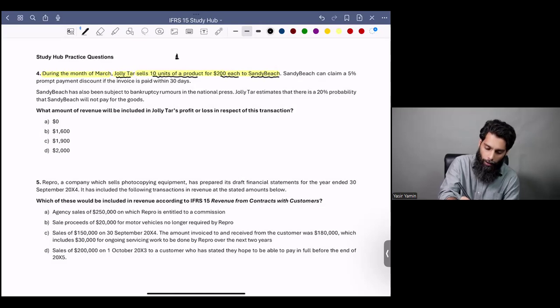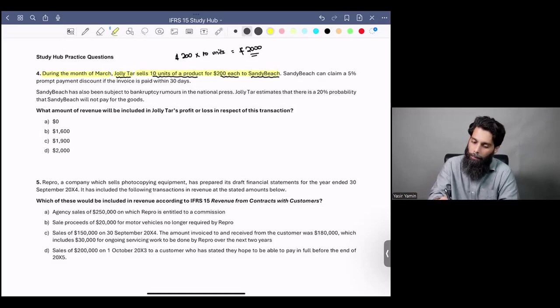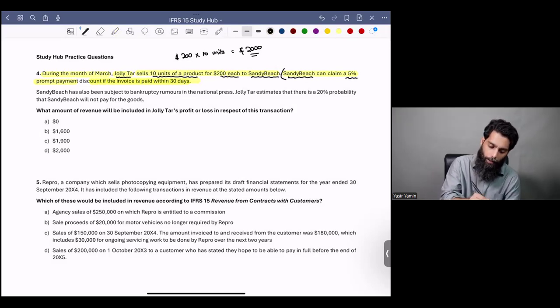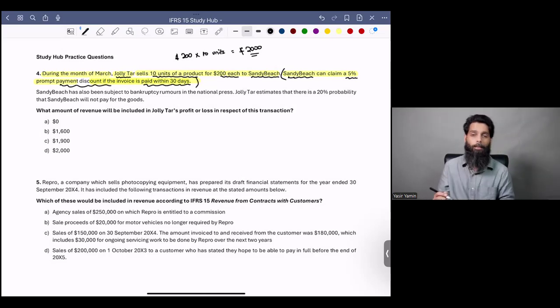So $200 into 10 units means $2,000 worth of transaction happened. Examiner says Sandy Beach can claim a 5% prompt payment discount if the invoice is paid within 30 days. What do you mean by this? Can anybody tell me? What is this?